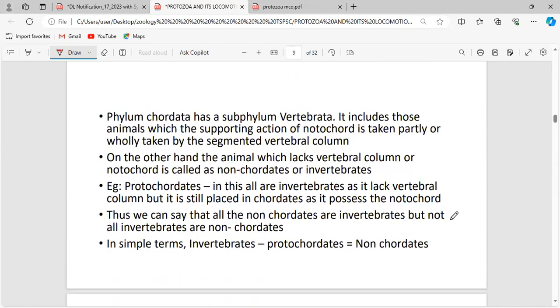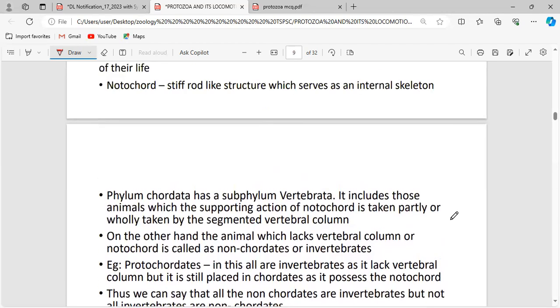Next, what is the difference between invertebrates and non-chordates? What is the basic difference? Just tell me the single phylum which makes a difference between invertebrates and non-chordates.